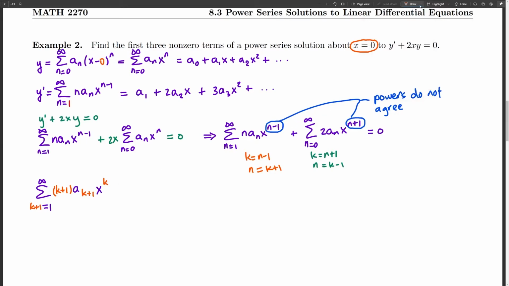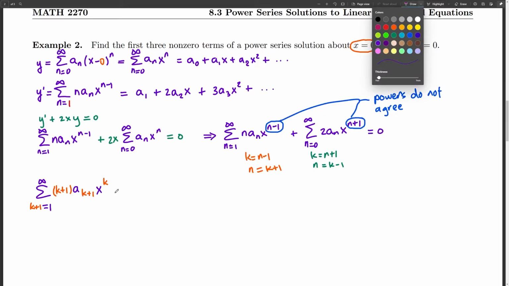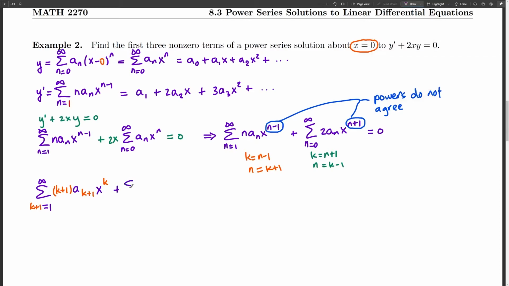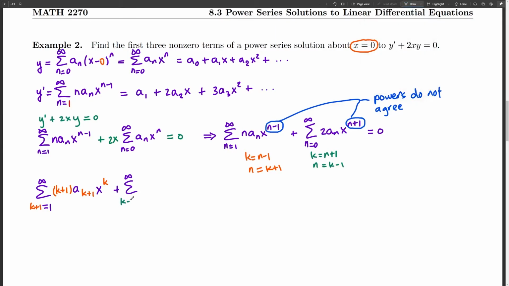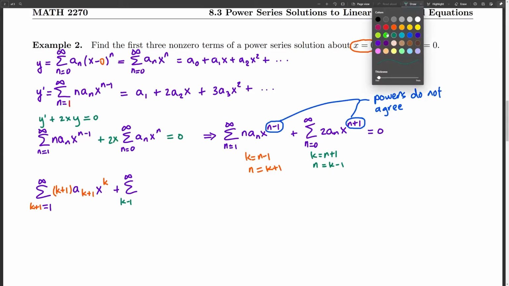And for the second one, we get plus the summation to infinity. And now, instead of n, we have k minus 1. We have k minus 1 equals 0.